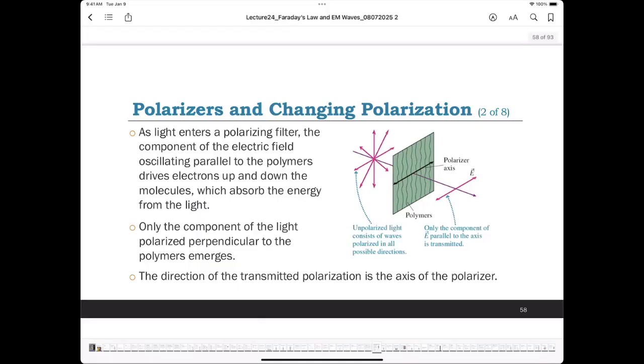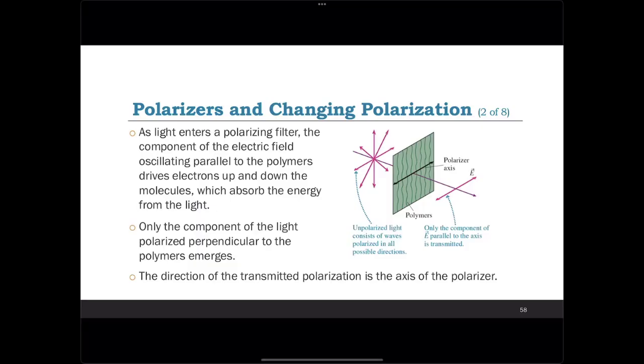Which means these polymers will absorb light in the other direction and only pass this direction.